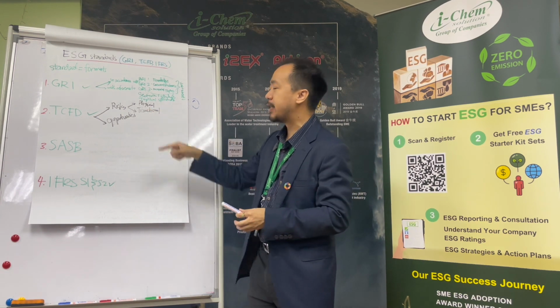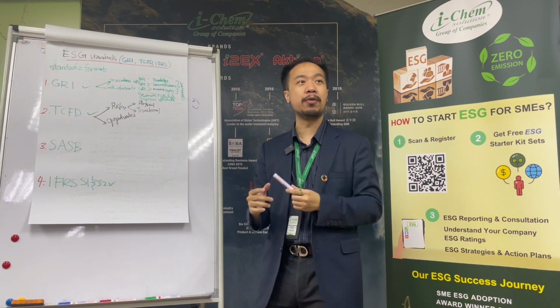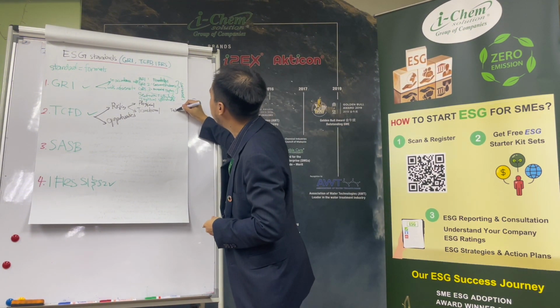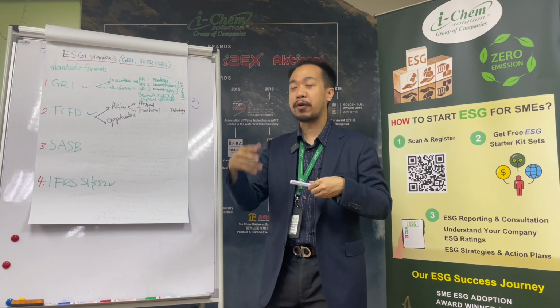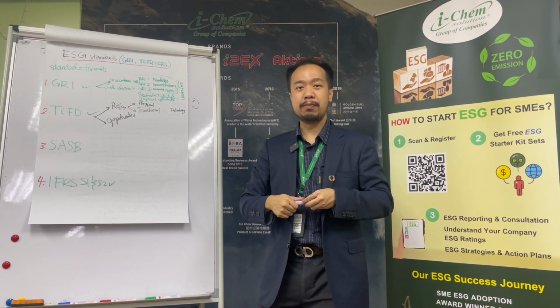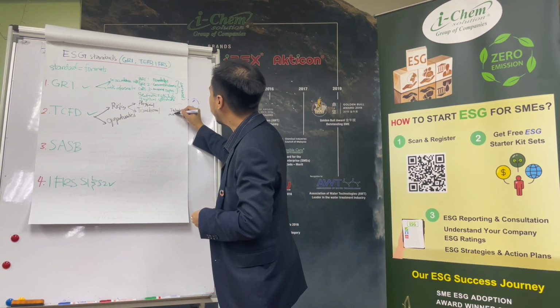And transitional risks are those risks that you can't really see, they don't happen physically, but they do affect your business, such as technology risks. Technology risks, meaning the technology of making the products or the products themselves become more advanced, that your products become obsolete. That's a technology risk.